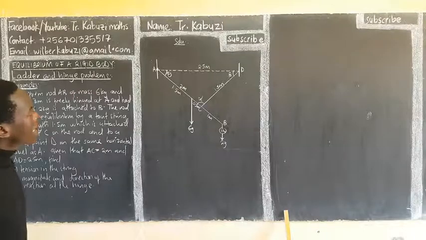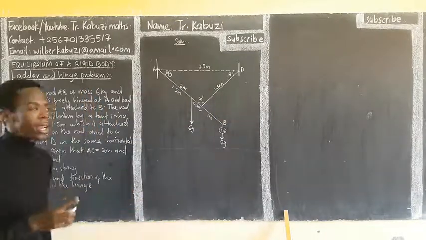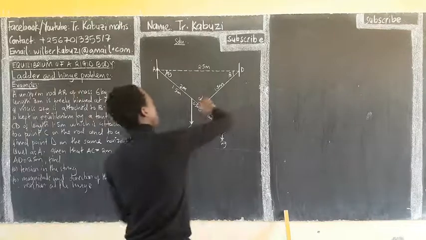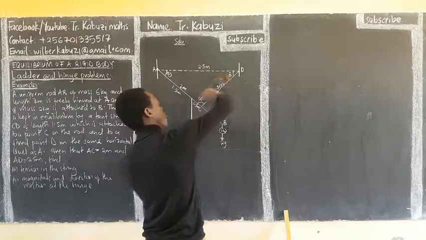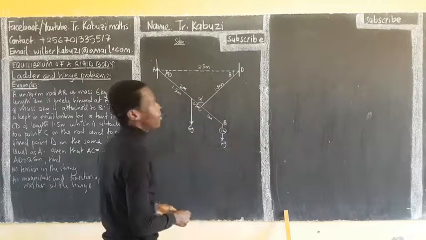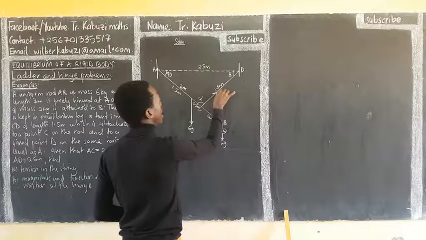Now, the string is going to give a tension, but the question is in which direction this tension is going to be. You see, this rod is trying to fall, so the string is going to be having the force that is pulling it in that direction. So the tension is going to be in that direction.